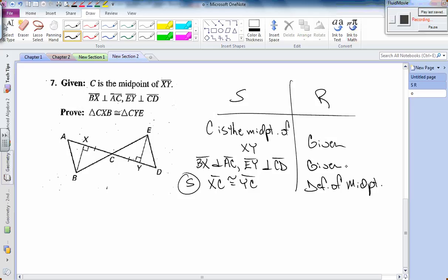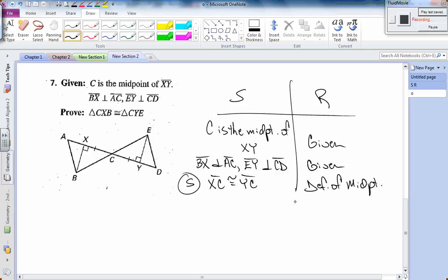These are perpendicular. Perpendicular by definition means they intersect to form right angles, and all right angles are congruent. So we are going to fudge this a little bit. If you see here BX, AC being perpendicular, giving us a right angle here at point X. And then here, line segment EY is perpendicular to line segment CD, giving us a right angle here.